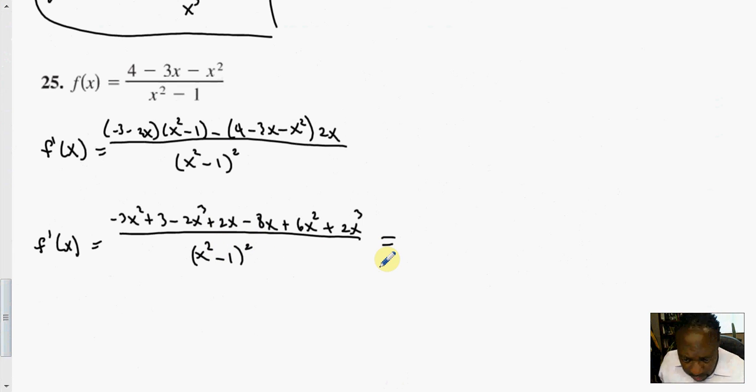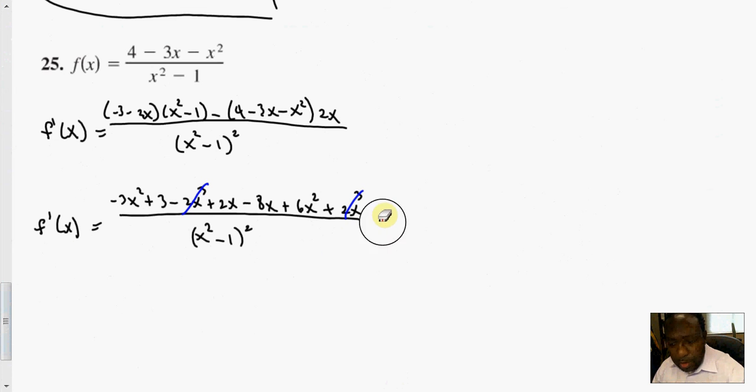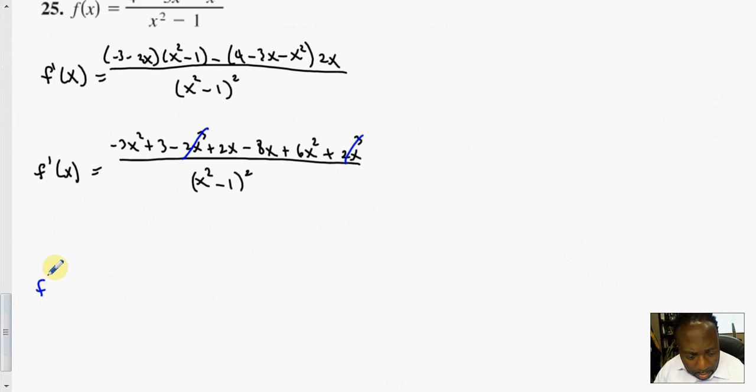So we simplify this numerator. The minus 2x to the 3rd and the 2x to the 3rd will cancel out. And the minus 3x squared plus the 6x squared, just put it here.